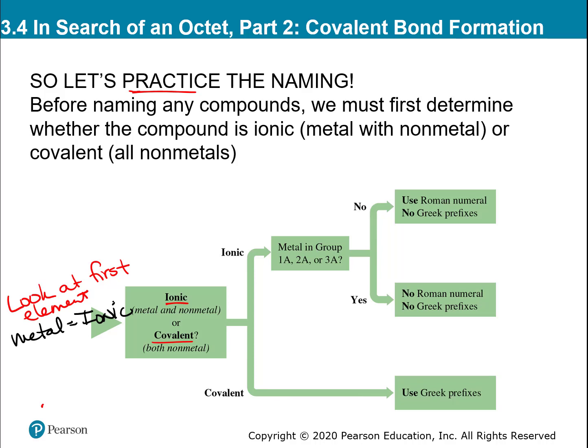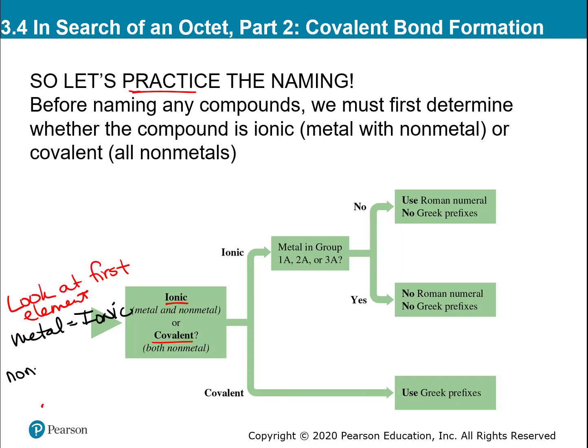You always have your periodic table, so you don't have to memorize what things are. But how do you tell a metal from a non-metal? You look at the zigzag line. If the first element is on the left, I know it's ionic because those are all metals, except hydrogen. It really belongs over here, okay? If the first element is a non-metal or hydrogen, then I know it's covalent.